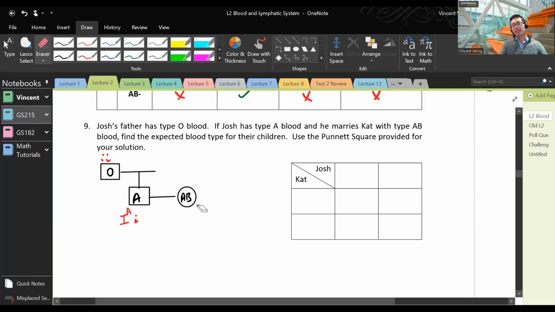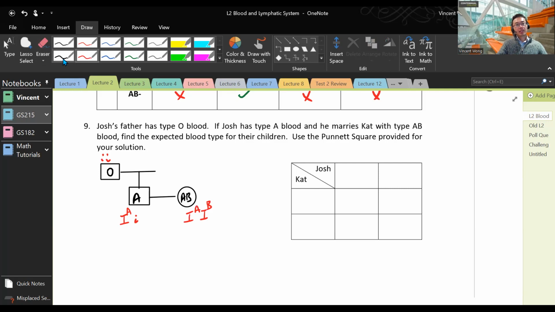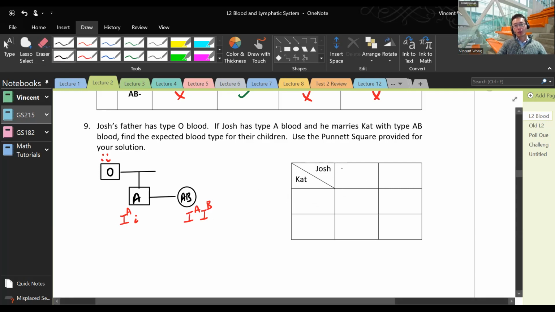Okay, for Kat, it's a lot simpler. She is type AB, so she's just going to be IAIB like that. So now we're going to do a Punnett square. For Josh, half of his sperm will carry the IA allele, the other half carries the little i. For Kat, half of it carries IA, the other half carries IB. So if we go ahead and do the Punnett square, we will see these are the possible genetic makeups for their kids.